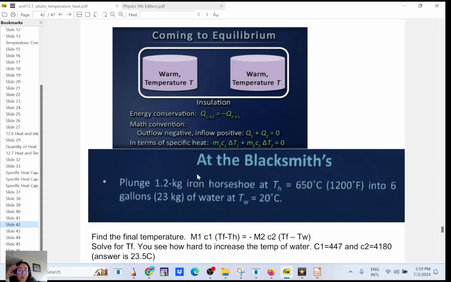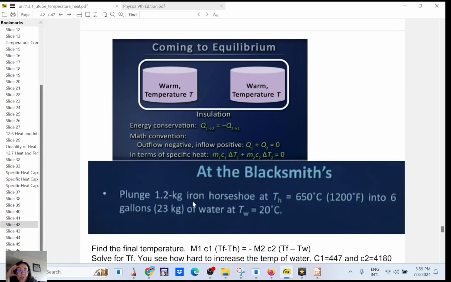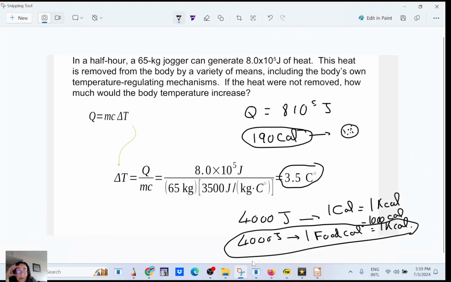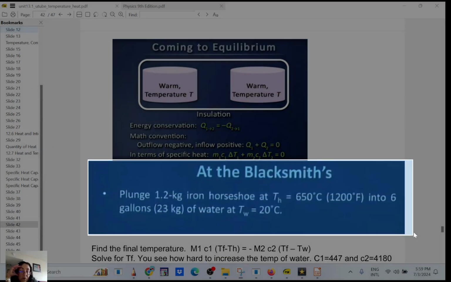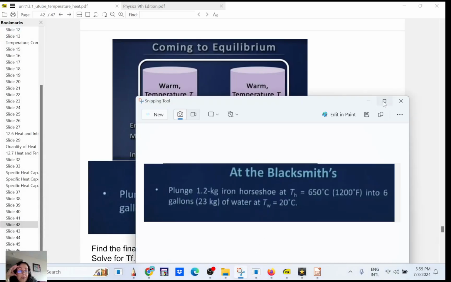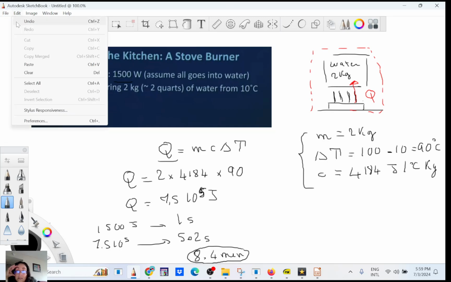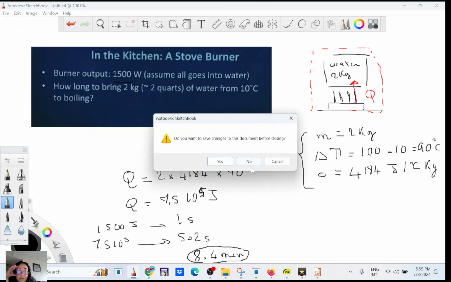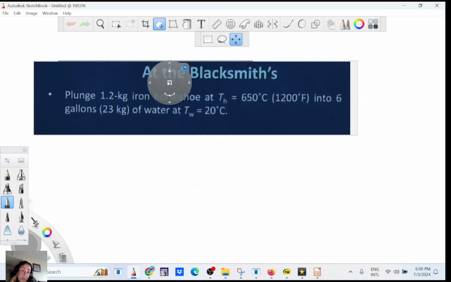Okay, so let's do another one. This one is also very interesting. When two bodies come together, they're going to reach the same temperature. Once they are at thermal equilibrium, one is losing energy, losing heat. The other one is gaining energy.